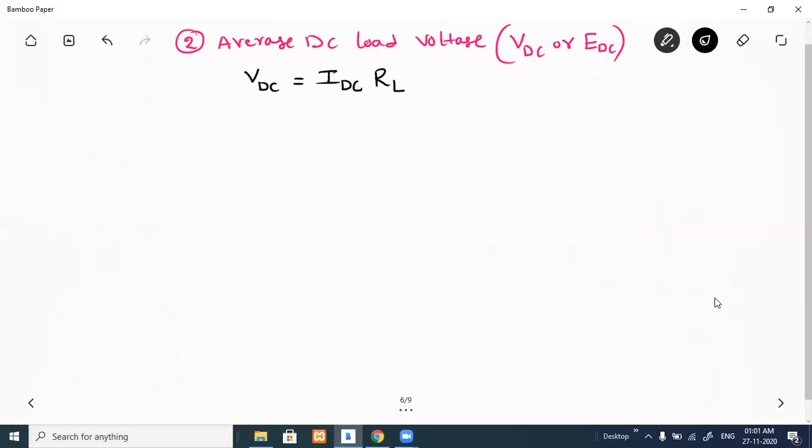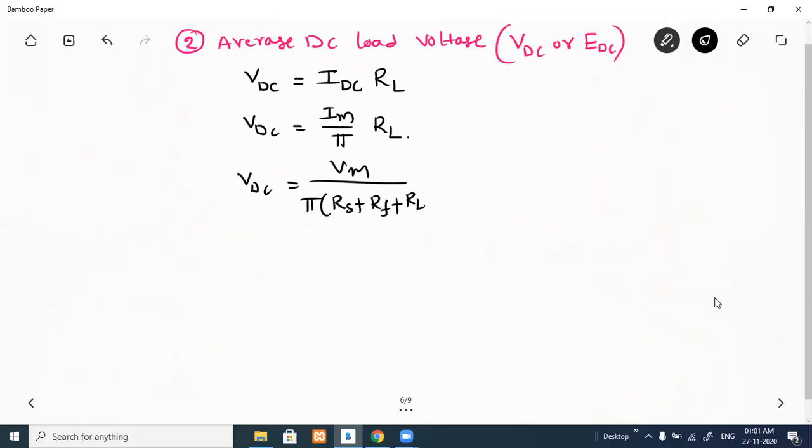So we already calculated IDC. So this VDC equal to IM by pi, which I already calculated, multiplied by RL. This IM is also already calculated, that is VM by pi into RS plus RF plus RL, into RL.